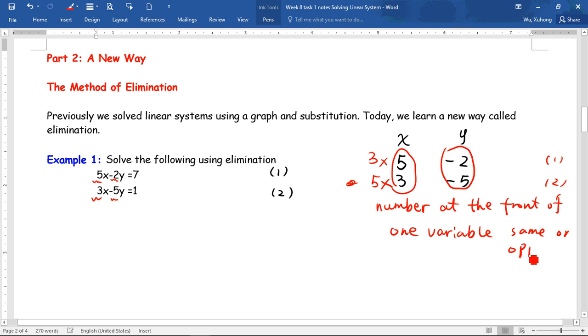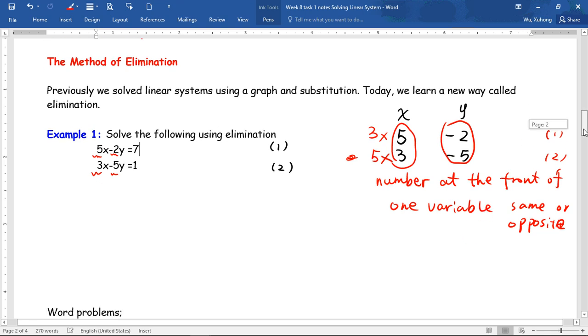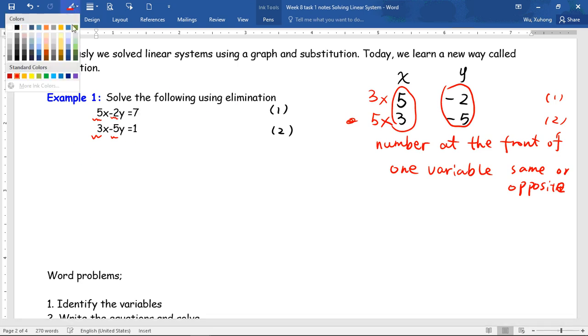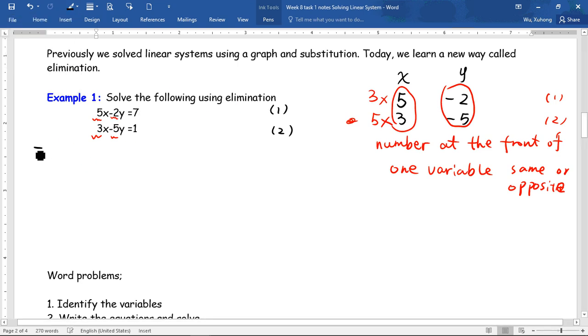For example, 15 and 15 are same, 15 and negative 15 are opposite. The reason for that is when we add or subtract these two equations, we are able to get rid of it. Okay, now we are going to see this equation 1, we know times 3, okay?